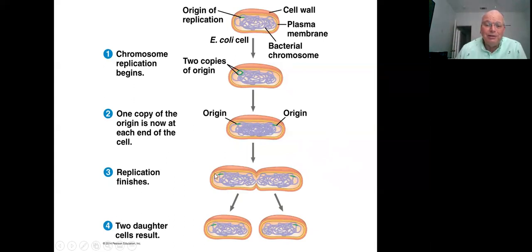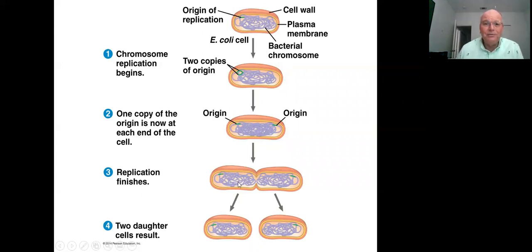So as the cell gets bigger, there's going to be a bigger membrane, and that serves to separate the two DNA molecules. So once the cell gets to a predetermined size and the two DNA molecules are completely separated from each other, the cell simply splits into two. That's the binary fission process.